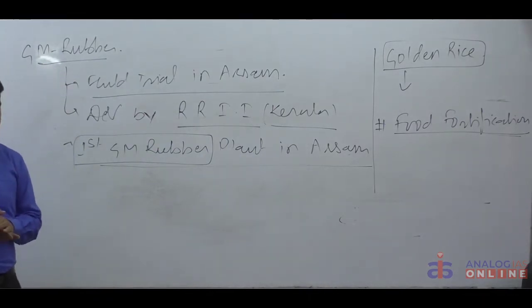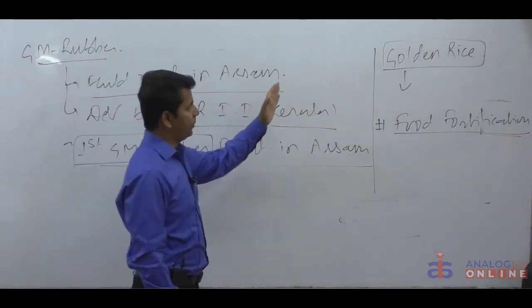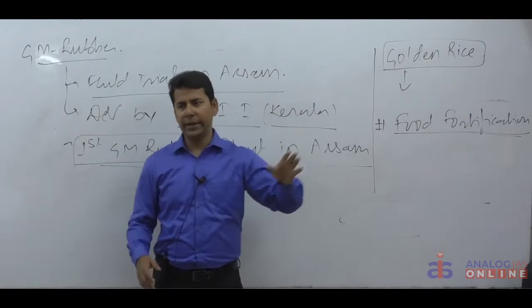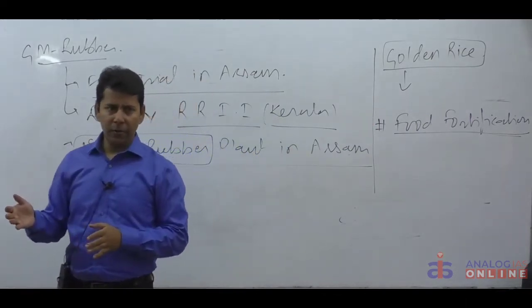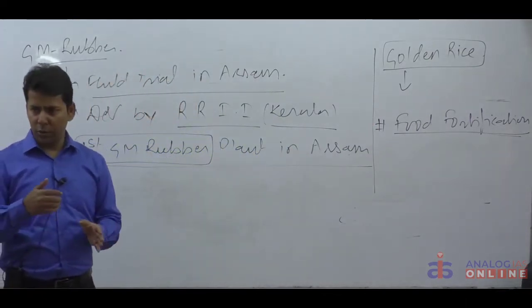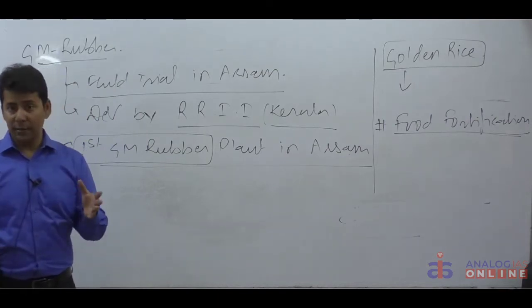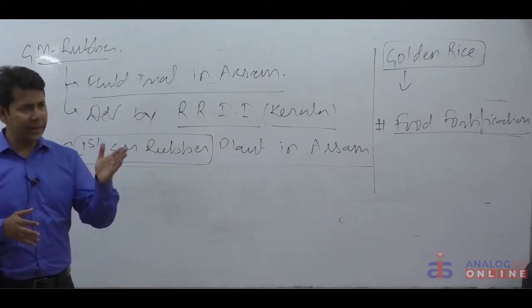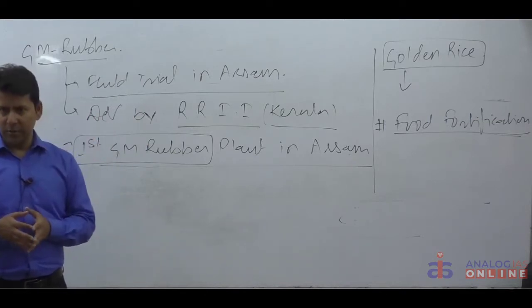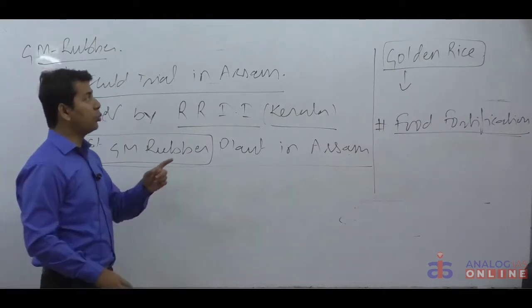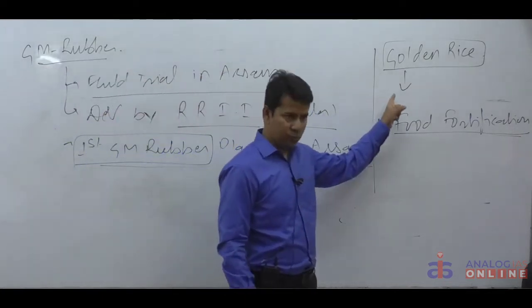That can be done. Another thing, obviously, the golden rice is a GM crop. It's a transgenic crop. It will take a lot of time to develop, then to do field trial, then to do experiments, then to analyze the entire result, and then you will have to accept it. So it might take a decade or even 2 decades. Because in golden rice, the project was that by 2005 they will allow.